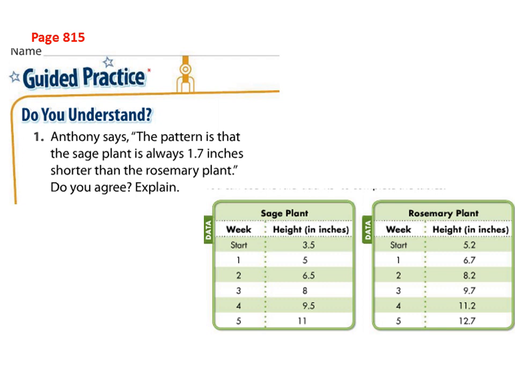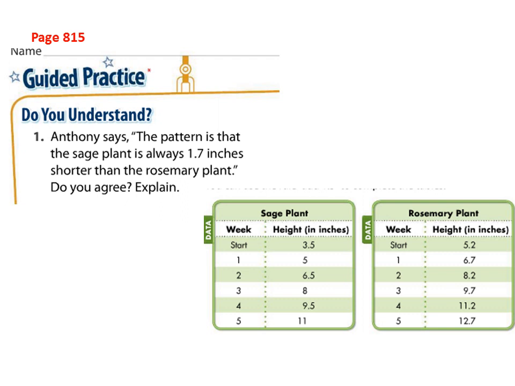We'll use the previous example. Here you are, the tables for the sage plant and the rosemary plant. As we said, the rosemary plant is 1.7 inches taller than the sage plant.